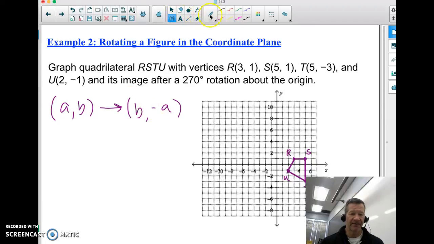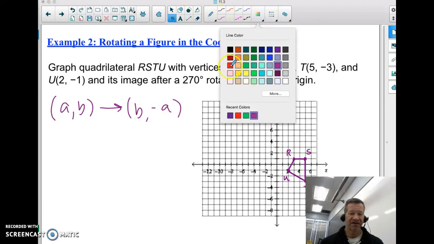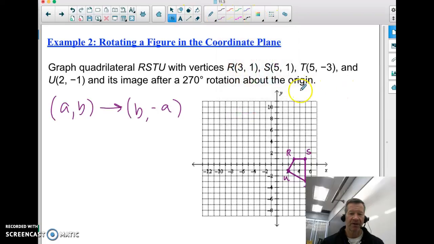So if we do that, what's going to happen to these points? Well, point R was at (3, 1). So then R prime, if I switch those around first of all, so 1 and 3, and then make the y-coordinate opposite, there you'll have it. That point will go to (1, negative 3).